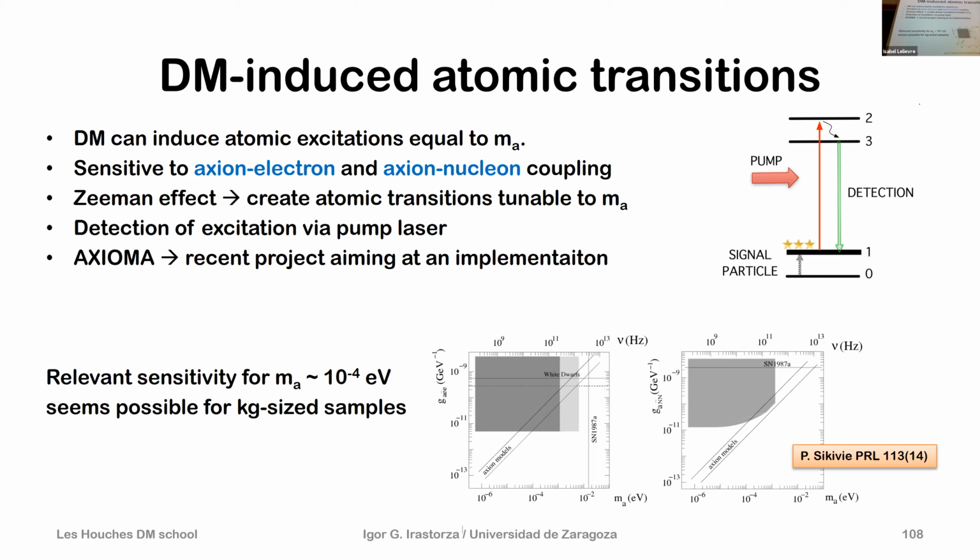And this is not sensitive to the axion photon coupling, rather to the axion electron coupling or to the axion nucleon coupling. There is a seminal paper on this, and as far as I know, there is an experimental team called Axioma that was trying to make some laboratory implementation.